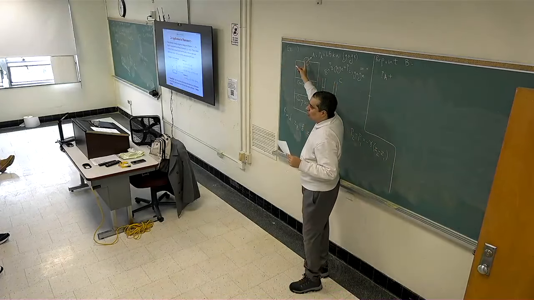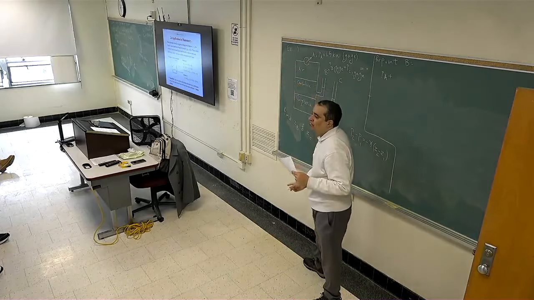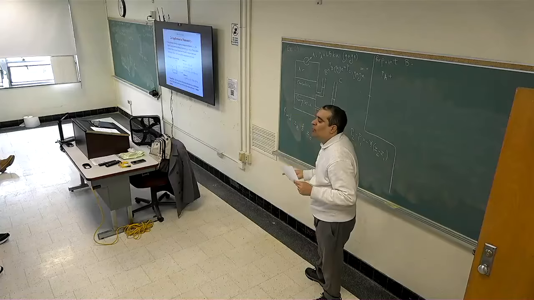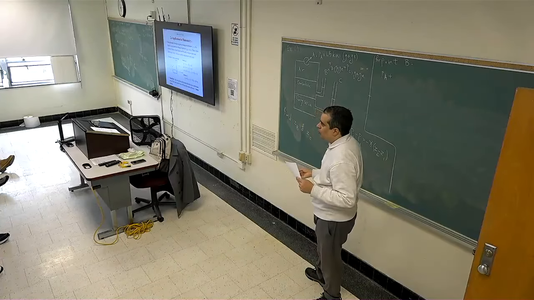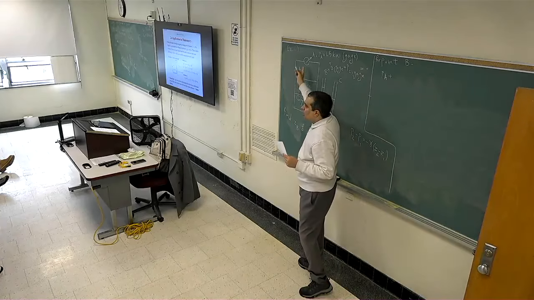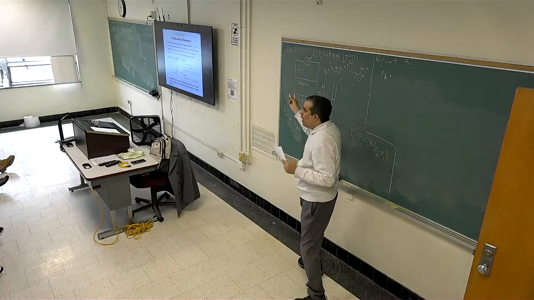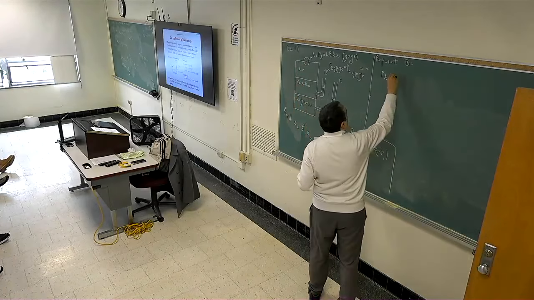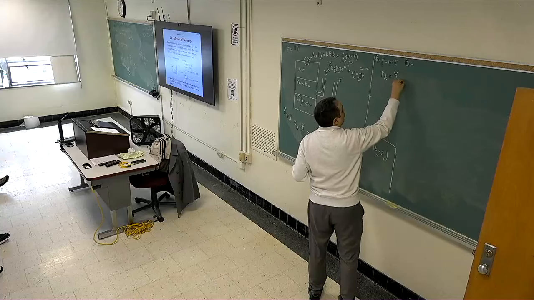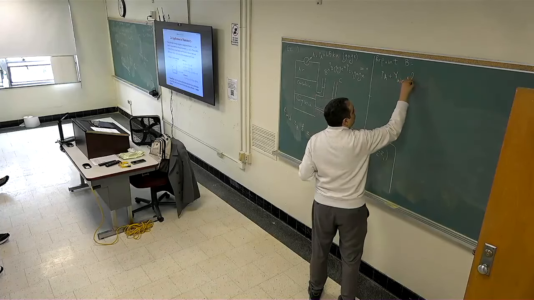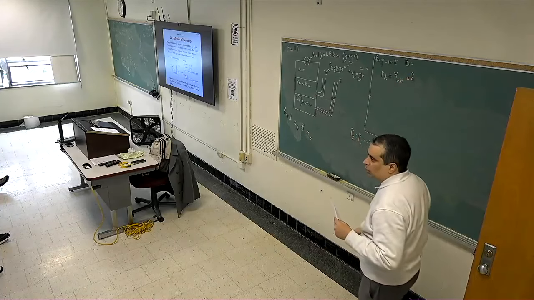PA for this point. I go down by 2 meters. In which fluid do I go down? In air. So I must add to the pressure gamma air multiplied by 2. Correct?